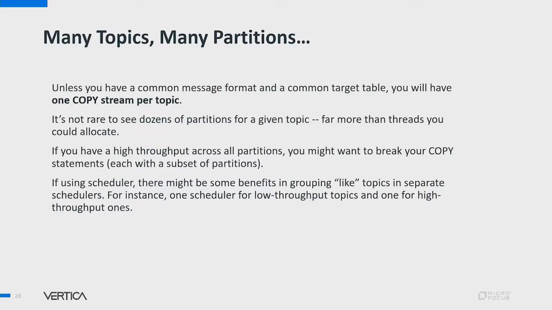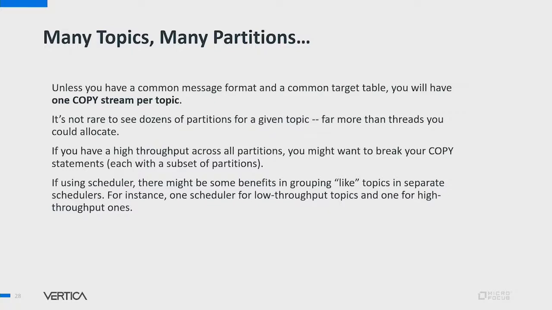We will probably be dealing with a number of different topics, and each topic can have a number of partitions as well. We will see shortly how the number of partitions relates to how many parallel threads Vertica copy can or should run.